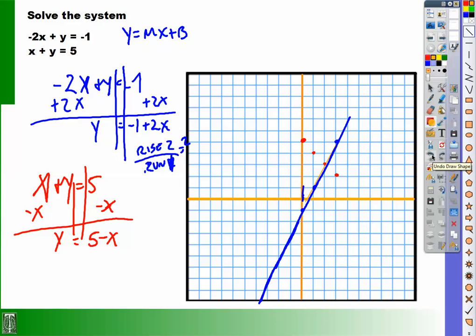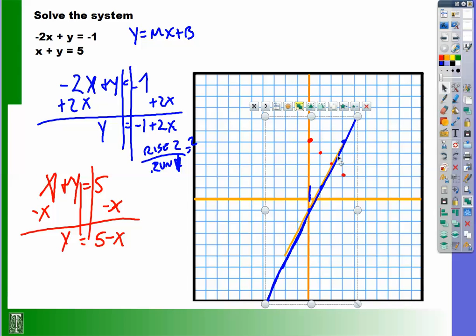Promethean boards are wonderful and awful all at the same time. Come on. It doesn't want to work. Oh my goodness. Let's try this. There we go. Thicker line always works. Okay, so it goes like that. There we go, that looks a little bit better.